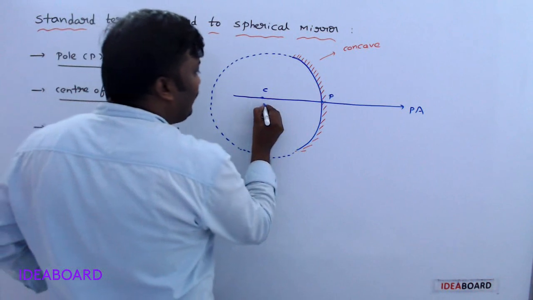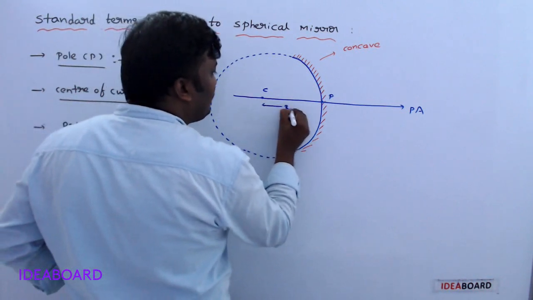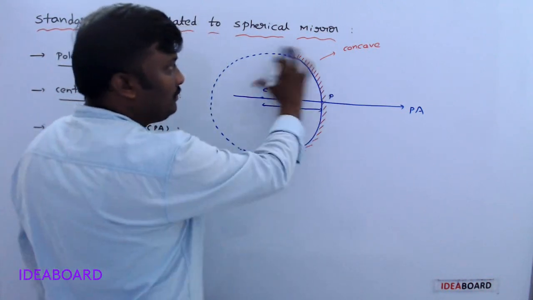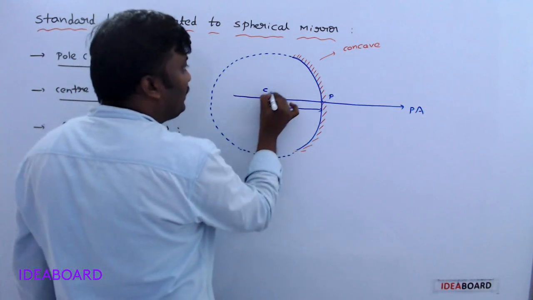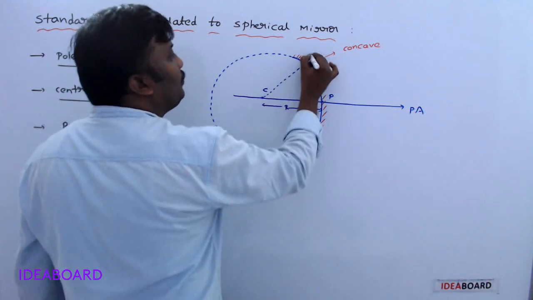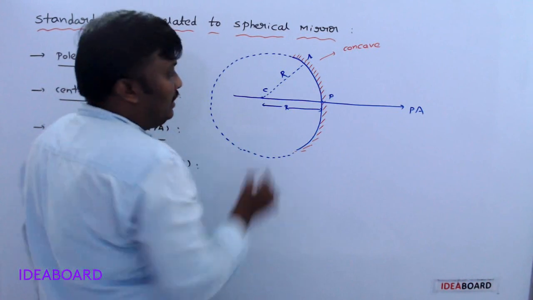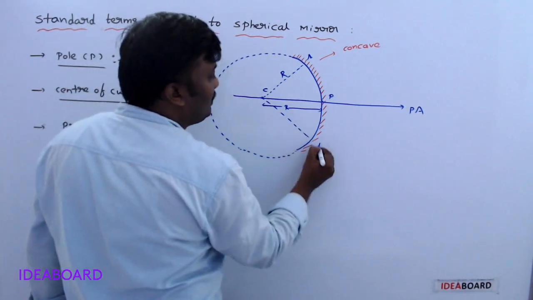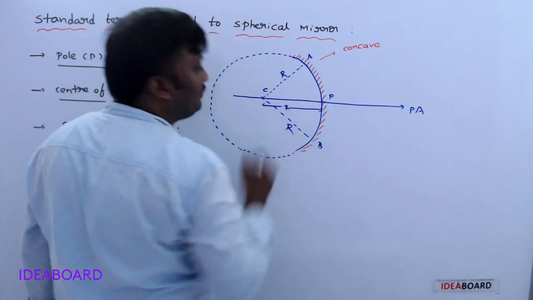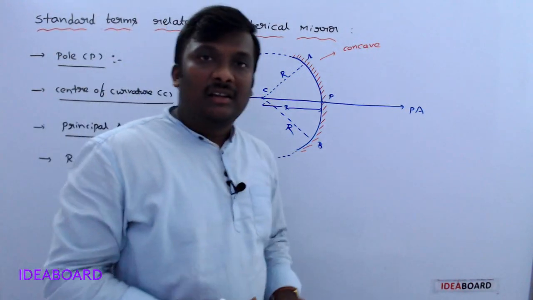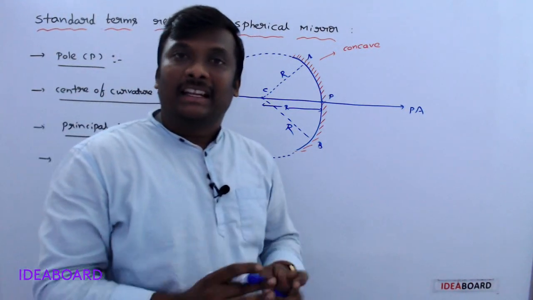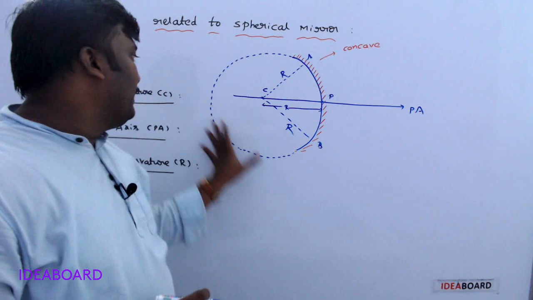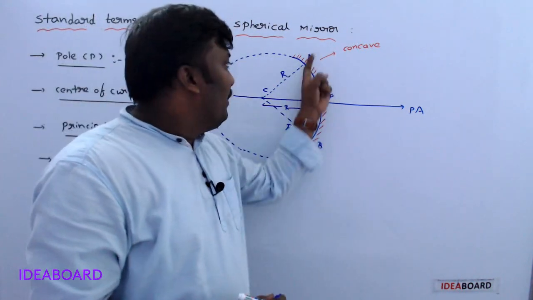The radius of curvature may be from C to P, or from C to some point A, or from C to some point B. Understand? What is the radius of curvature? It is nothing but the radius of the spherical shell of which the mirror is a part.